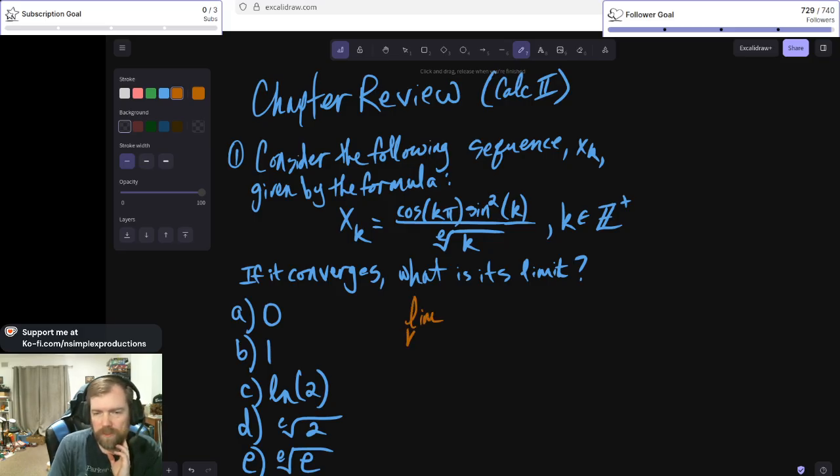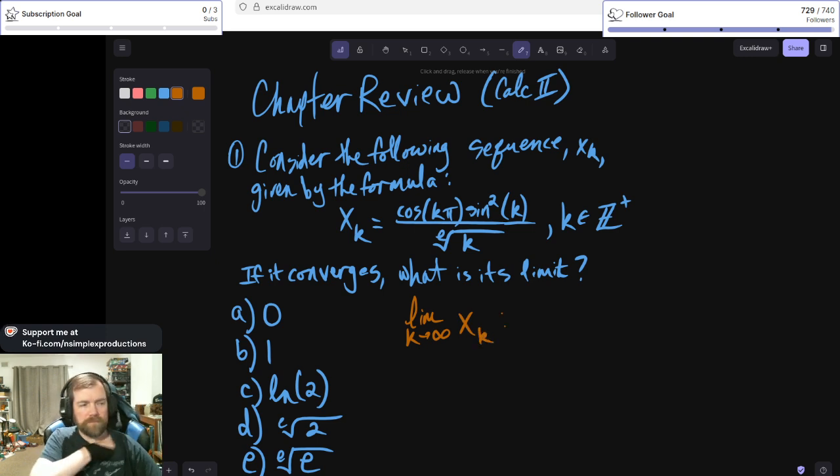So we want the limit as k goes to infinity of x sub k. For this particular limit, we want to look at all of the individual terms that are in here. We don't actually have to worry about series convergence, at least yet.